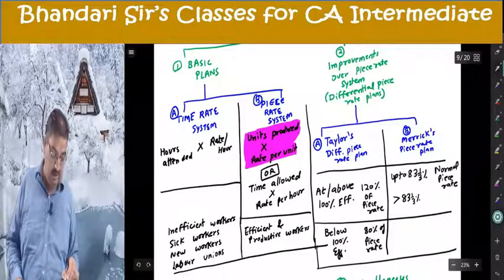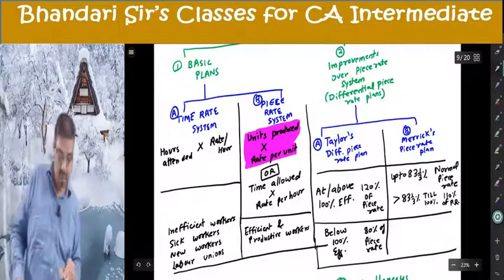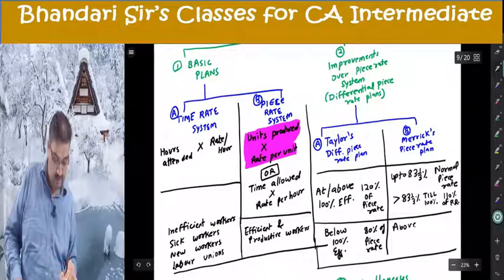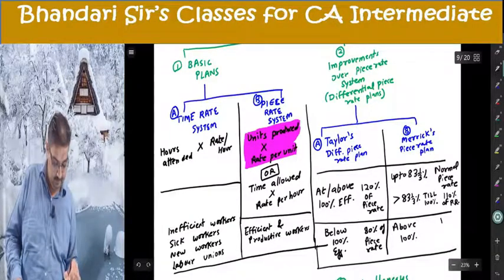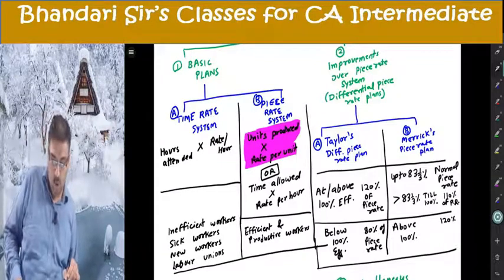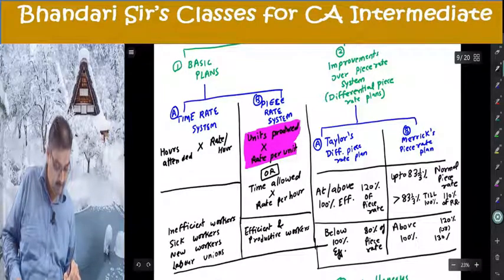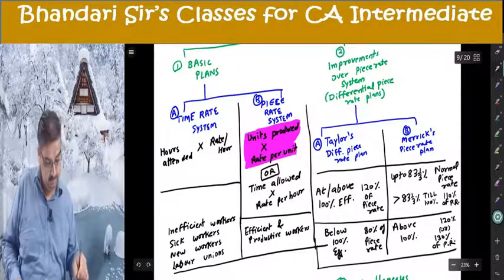Above 83% till 100%, 110% of piece rate means 10% bonus. Above 100%, get 120% or 130% as per policy of company of piece rate.